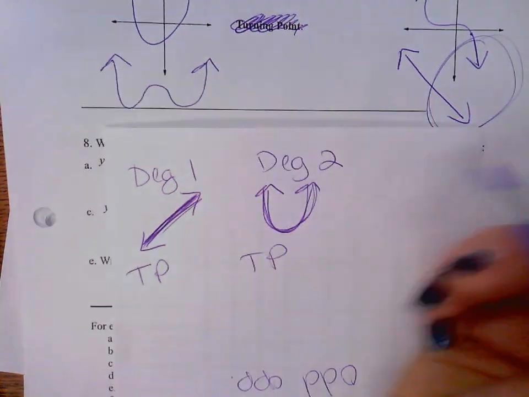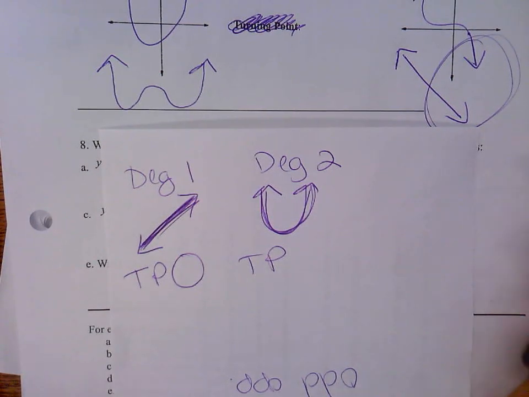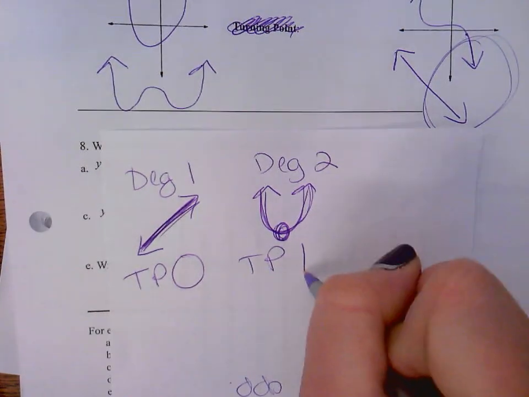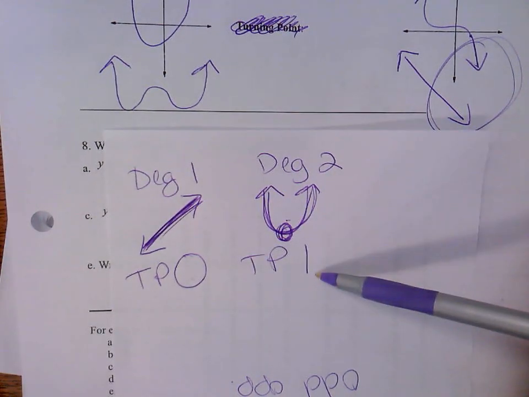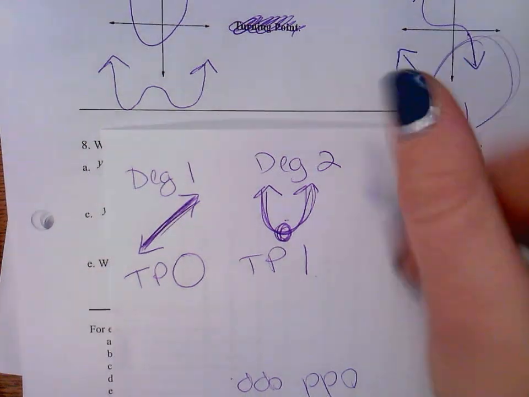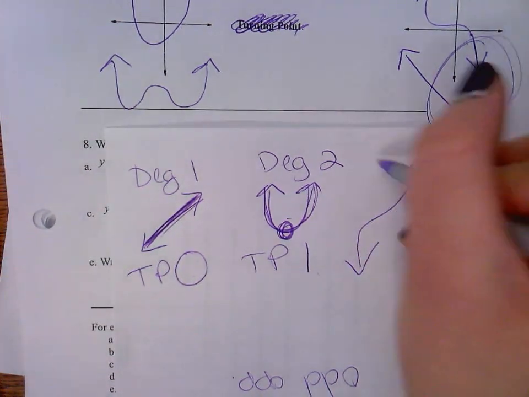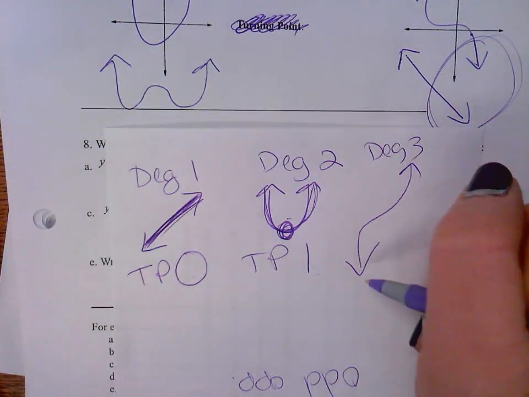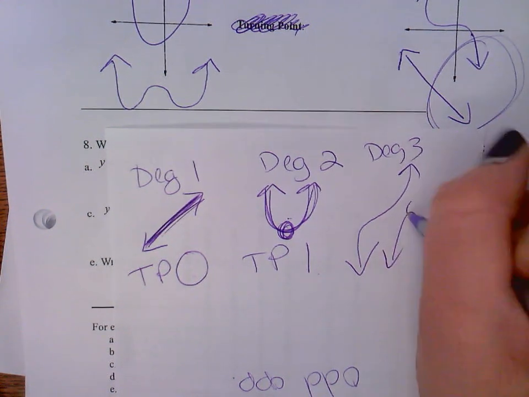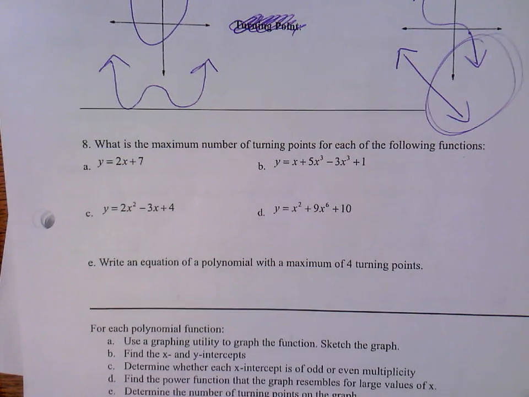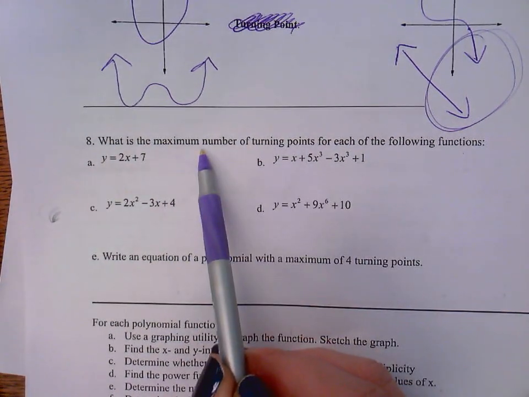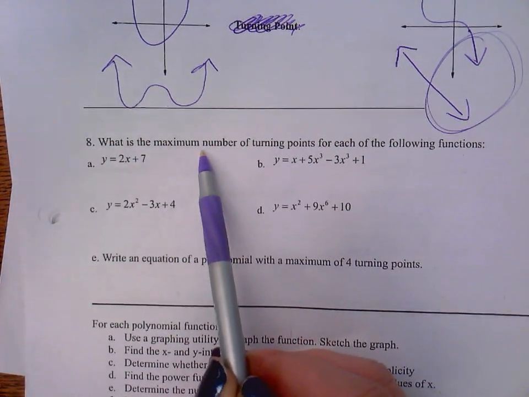Linear has 0 turning points. Quadratic function has 1 turning point. It's 1 less than the degree, right? If it's cubic, it might have 0 turning points, but it could have 2 turning points. So the reason they say maximum number, it might not have that many, but it could have that many.